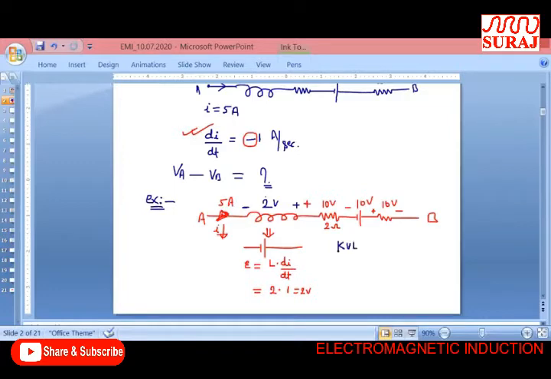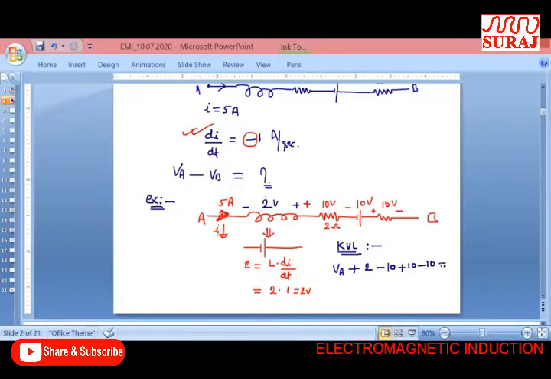Now you can write the KVL. Writing Kirchhoff's voltage law from A to B. Tell me the equation: VA, then we cross the inductor, you see the positive polarity, plus 2. Then we cross this resistor with minus 10.